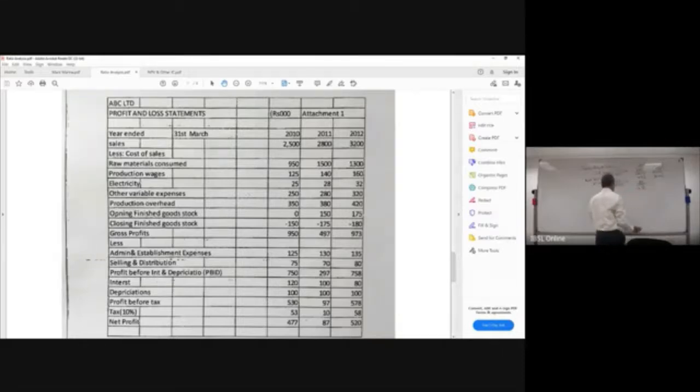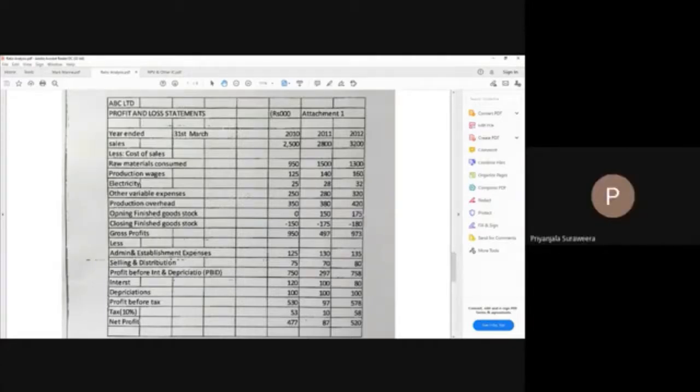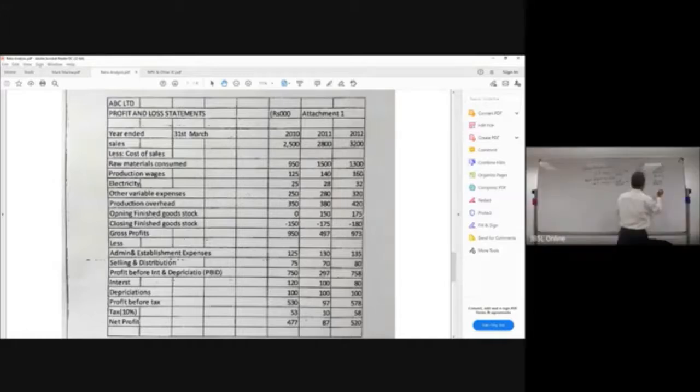Very small net profit. And next year, what is the net profit? 520, divided by 3,200. You get 16.25%.